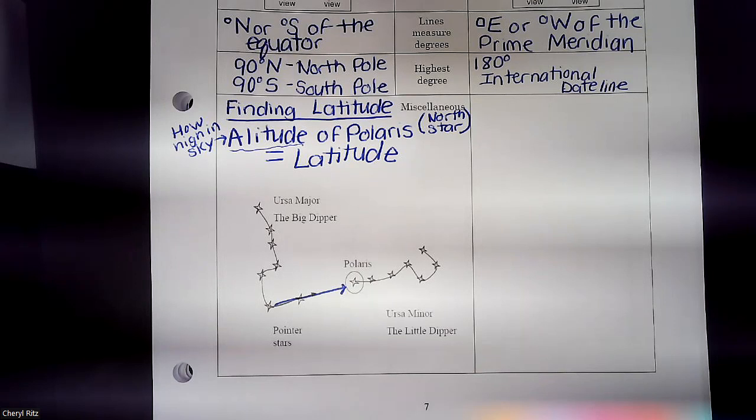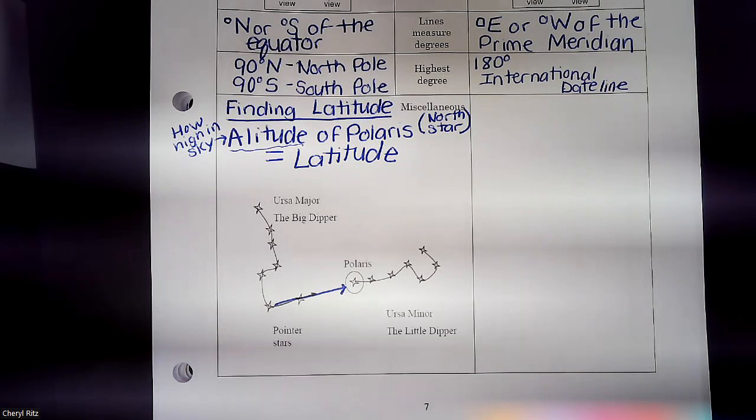You estimate it. So for example, if I go outside and I find the Big Dipper and it points to the Little Dipper and it's directly over my head. So if the North Star is directly over my head, do you see how my arm is pointing straight up?